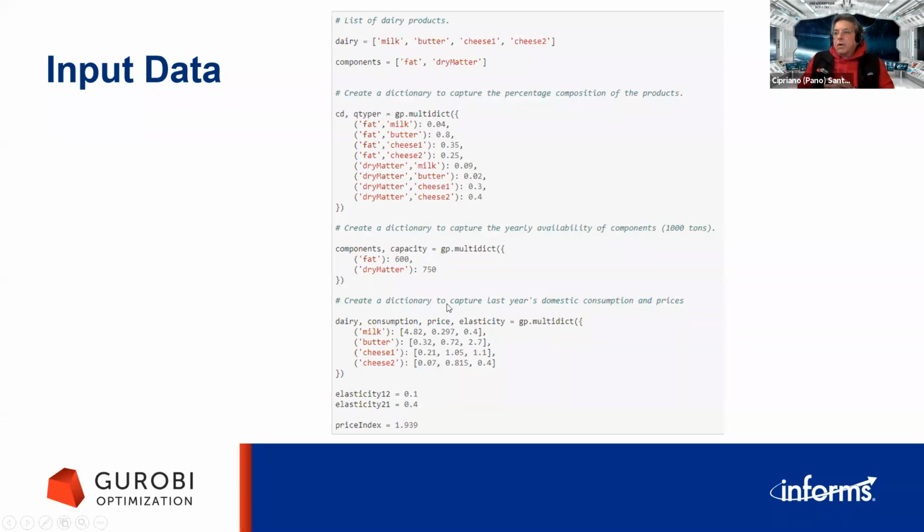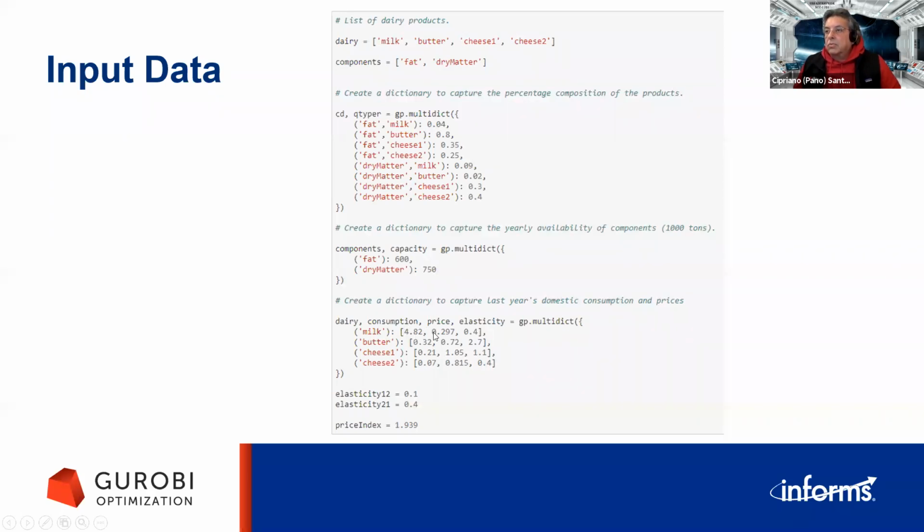Also, for other parameters related to the dairy products, the dairy products are going to be the keys. So this is a tuple, but with just a single component. And this is where you see the power of the multidict. You have several parameters defined in the same table. So consumption, price, and elasticity. So for milk, the consumption is going to be 4.82.